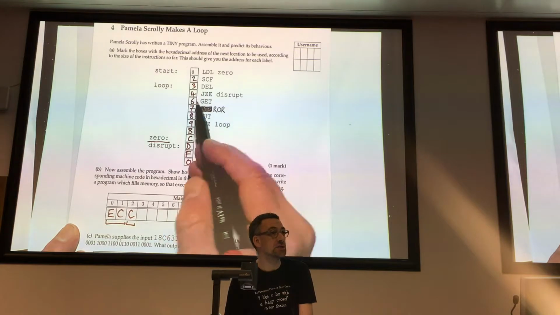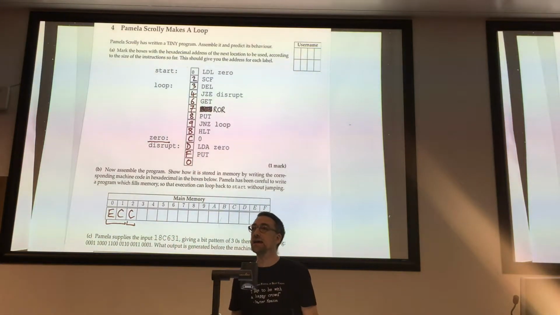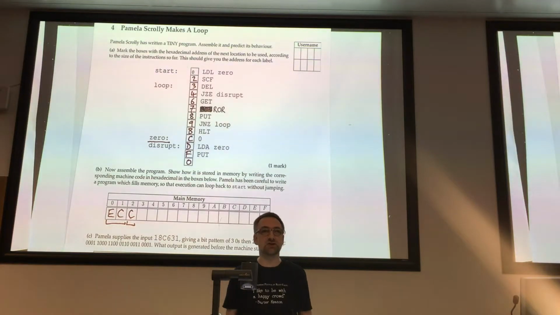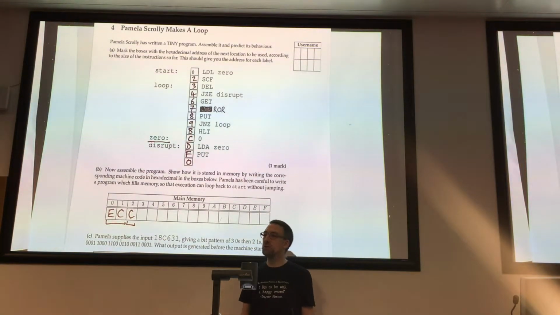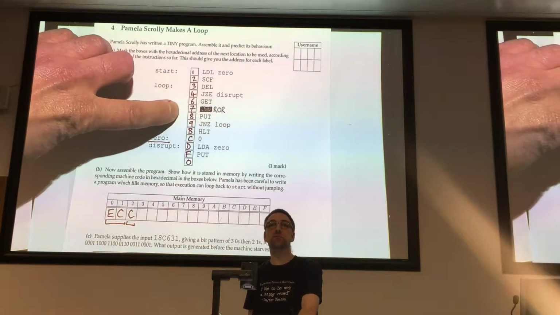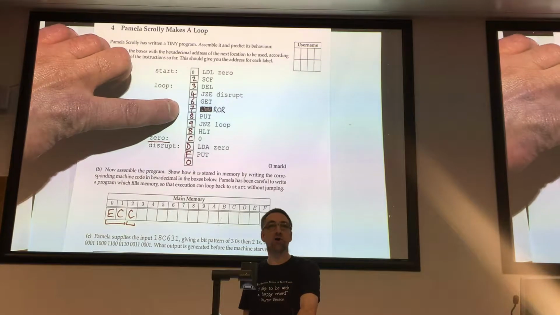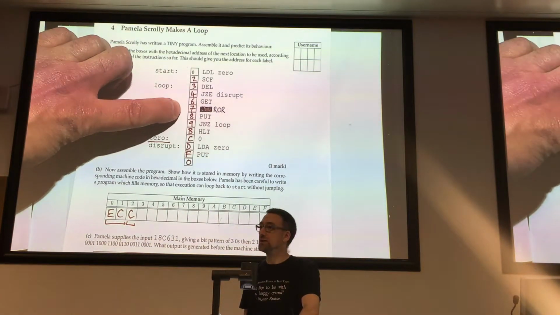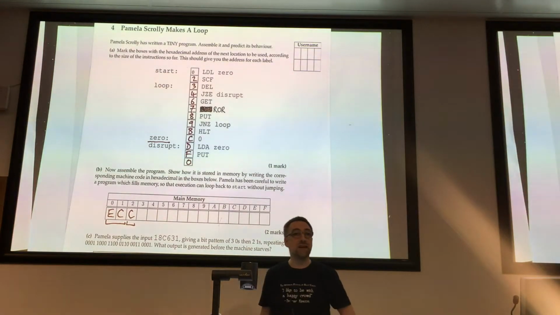So a good thing to check, as you fill in the assembled program, is to make sure each instruction is going where you said it was going, right? These numbers tell you where in memory those operators should be. And if that's not where you're putting them, something's gone amiss, so that's a good cue to fix it.